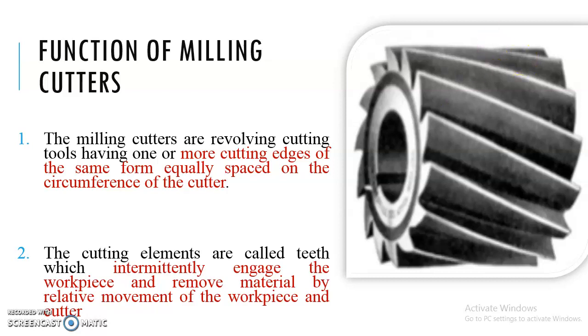If you see the picture on the right side, along the circumference of this cylindrical cutter, equally spaced multiple cutting edges are provided, which are helical in shape. When such multiple cutting edges engage with a feeding workpiece, removal of material takes place.